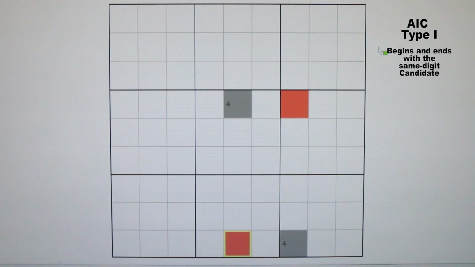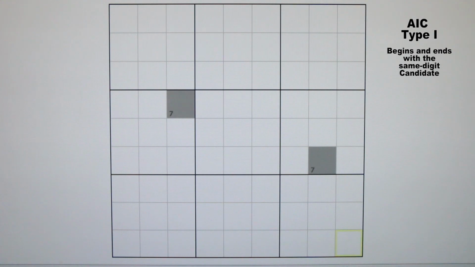Okay, now if the 2 endpoints of our chain are in the same chute, then there can be 6 cells with possible eliminations, because there are 6 cells that see both of these 7s, and they lie here. These 3 red cells see this 7 because they are in the same block, and they see this 7 because they are in the same row.